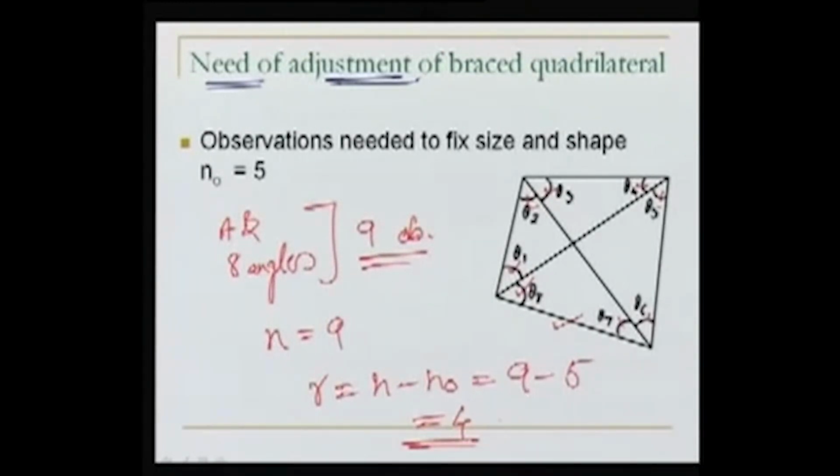Why this redundancy? Because we took extra angles. These are the extra angles. Even if we don't observe these angles, just by knowing the length here and these angles, the problem can be solved. So we have a redundancy of 4 in this particular problem. Because we have the redundancy, we would like to go for the best possible solution.